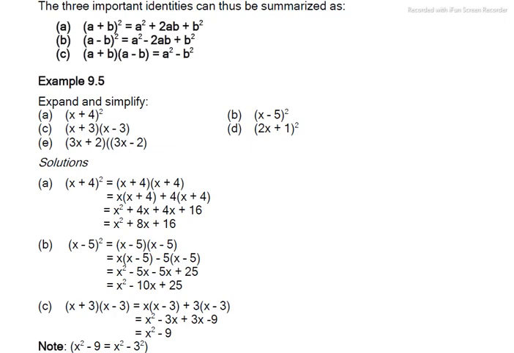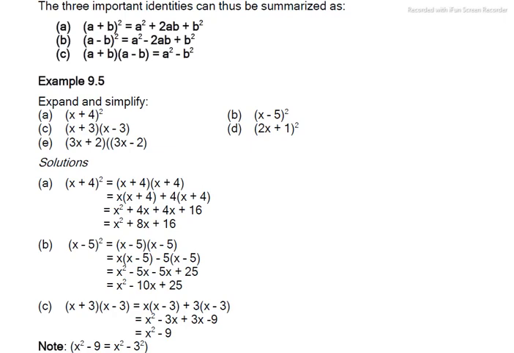So that gives us two brackets of x plus 4. And we've seen how we expand these brackets, whereby we maintain one of them and split the other. So we shall have x into (x + 4) plus 4 into (x + 4), which is simplified and gives us x squared plus 8x plus 16 as our final answer.